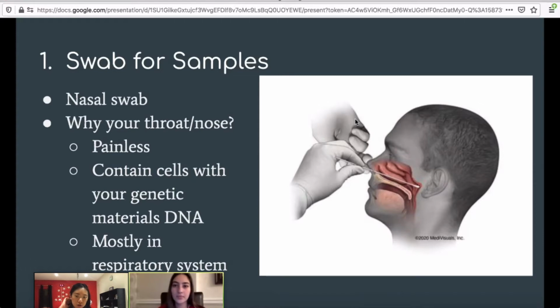And then also on the lining of your nose and the part connecting to the throat, the cells contain a lot of your genetic materials, which is the DNA. And also specifically for COVID-19, this virus affects mostly your respiratory system, which includes your nose, your lungs, and so that's why the doctors take samples directly from your nose.